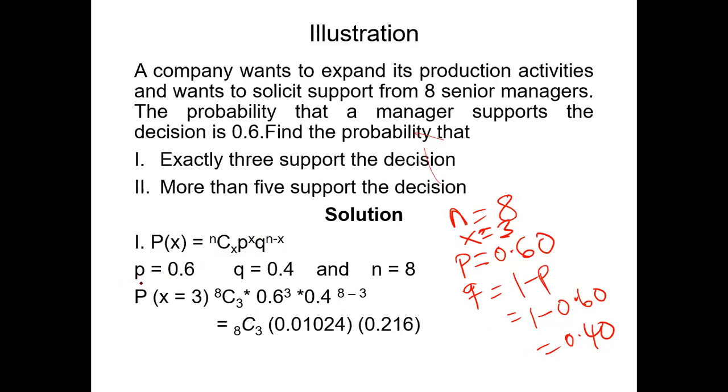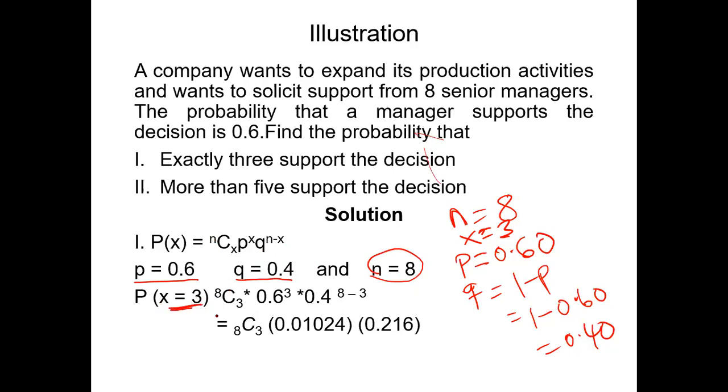So here, the probability of success obviously was 0.6. Probability of failure, as I've shown, is 0.4. The number of trials is 8, sorry. And then in this scenario, the number of successes is 3, right?